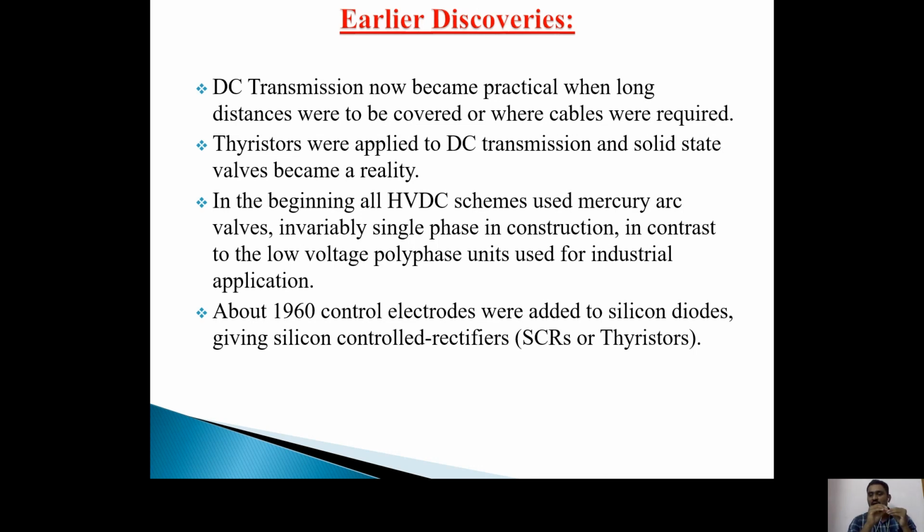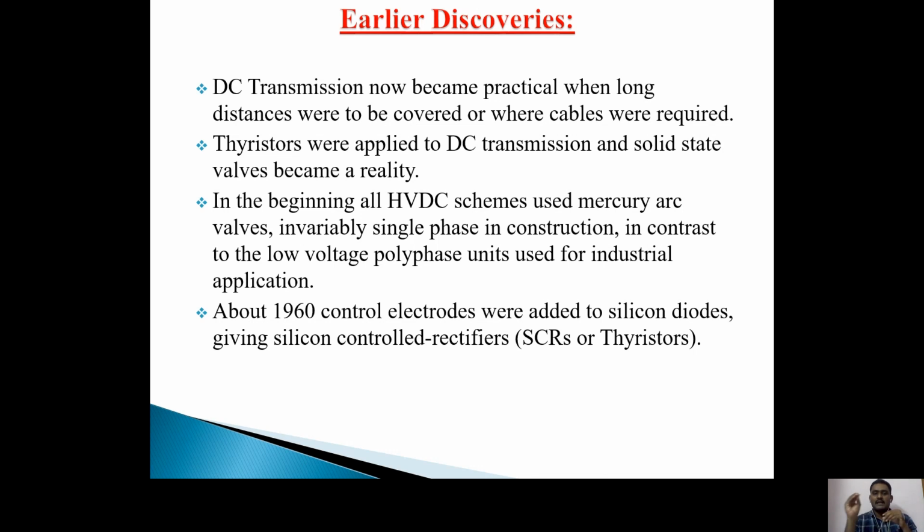In place of mercury arc valves, we used thyristors because of advancements in technology. After that, valves were also replaced with GTOs, IGBTs, IGCTs, etc. At present, we are using thyristors for DC transmission.